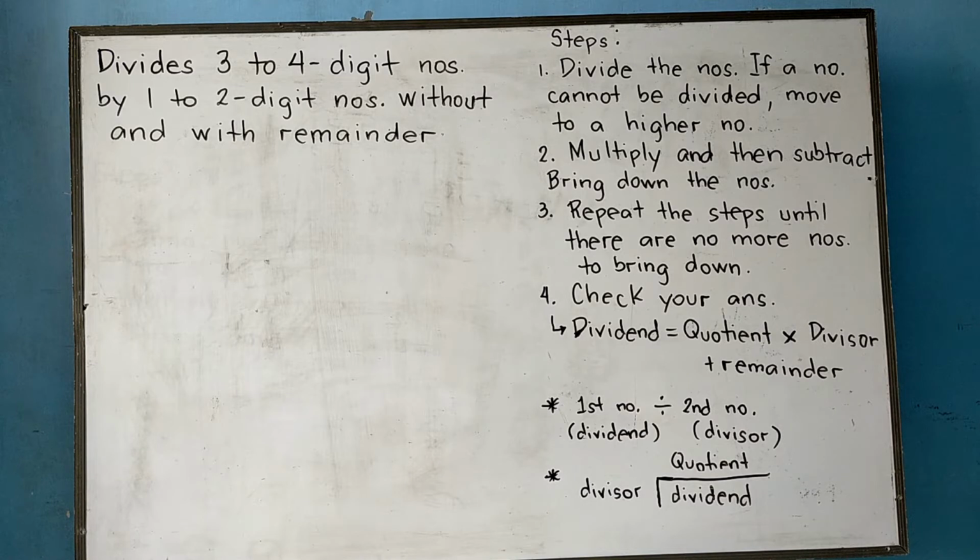So I guess you are now ready to divide 3 to 4 digit numbers by 1 to 2 digit numbers without and with remainder. So let us have our first example.